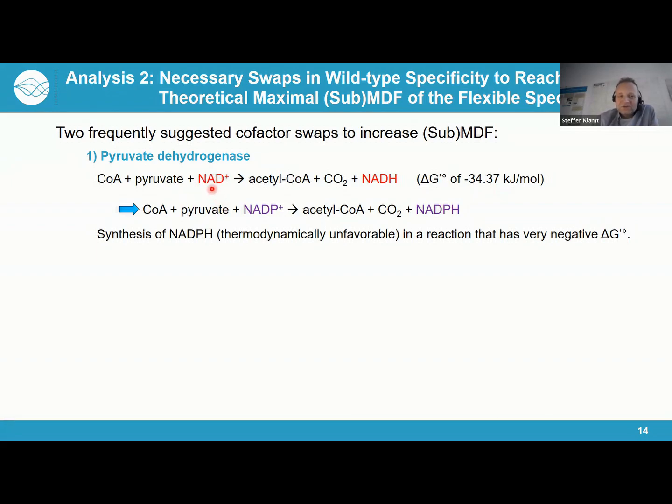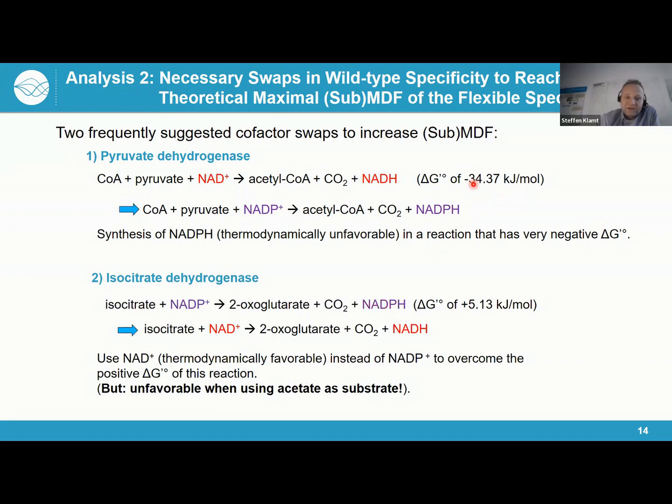And our analysis now suggests that it might be useful to switch to NADP because synthesis of NADPH is thermodynamically unfavorable because the NADPH concentration is usually very high, as we will also see later on, also in the computation, not only in vivo, also here in silico. And then the switch actually suggests that maybe the synthesis of NADPH should be done in a reaction where you have a very negative standard Gibbs free energy in order to make this feasible.